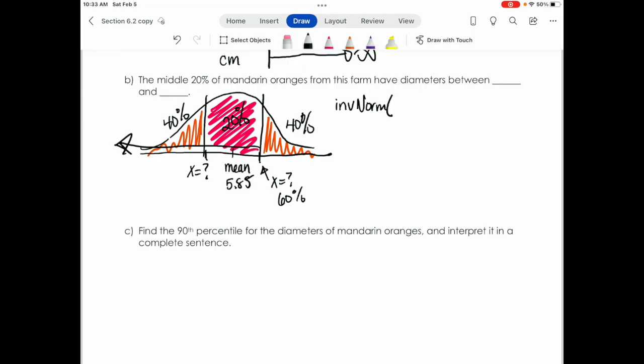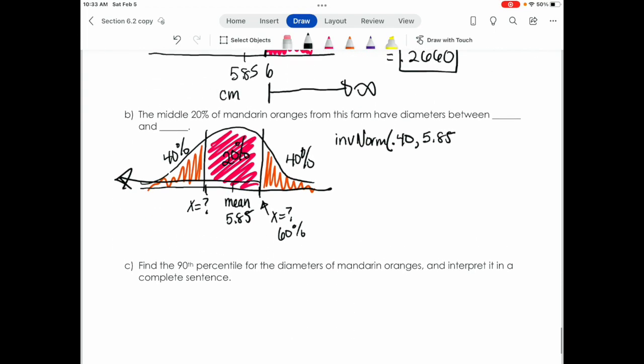So I'm going to do inverse norm of the 40th percentile, and our mean is 5.85, and our standard deviation is 0.24. When we do that, we get 5.79 centimeters.